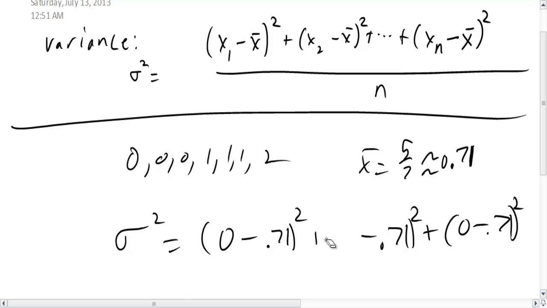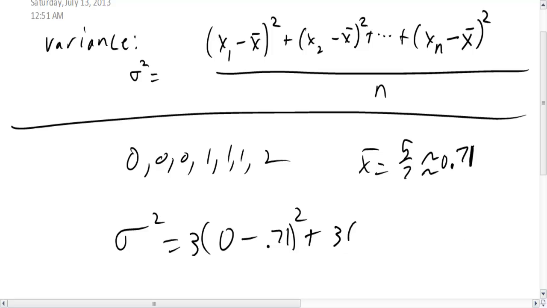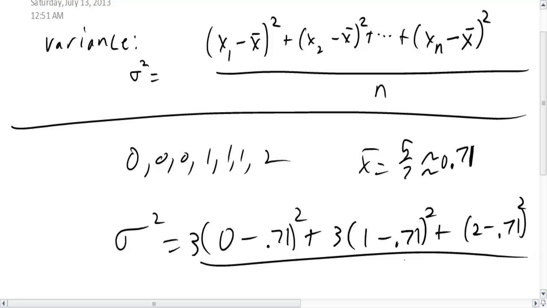I'm not going to write it out 3 times. I'm just going to write it as a times 3. So all we have to do now is write out a few things, all divided by n. An n is 7. There we go. So now hopefully you did that.